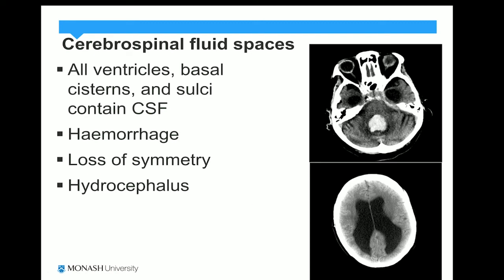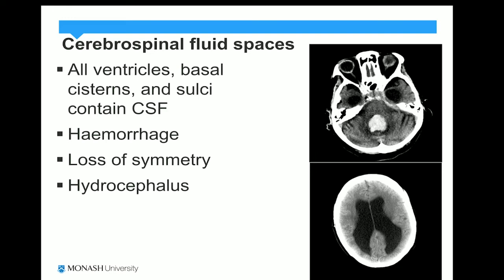So the cerebrospinal fluid spaces. Look that the ventricles are normal, that they are in their normal position. Also the basal cisterns as well as the sulci, all of those contain the CSF. So if there's any bleeding in the brain, it can actually leak into the ventricles.